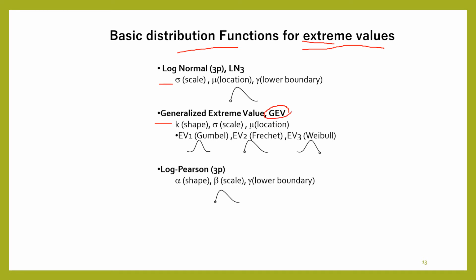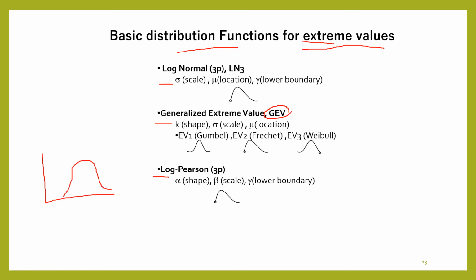I mentioned GEV yesterday. And then log Pearson. Why are these distribution functions chosen for extreme values? It's because if you see the tail of this distribution, if it's normal, this is normal.